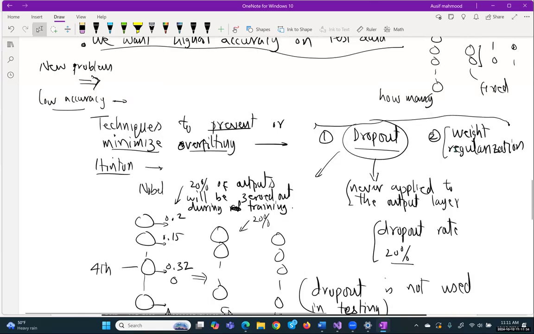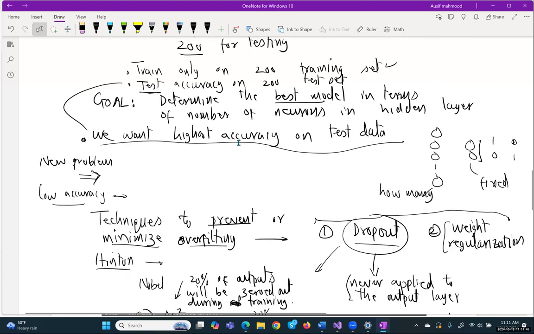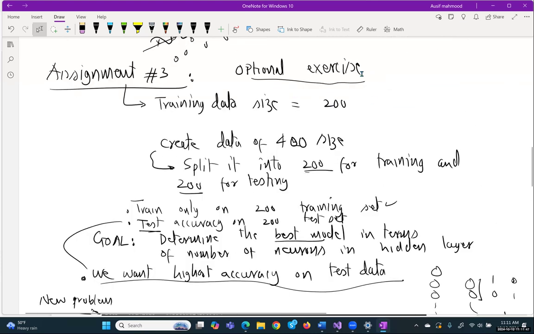Okay, so those two, once again, dropout and weight regularization, are the techniques to prevent or minimize overfitting, okay? And as you do the exercise, you are already using the dropout and the weight regularization in assignment number 3.